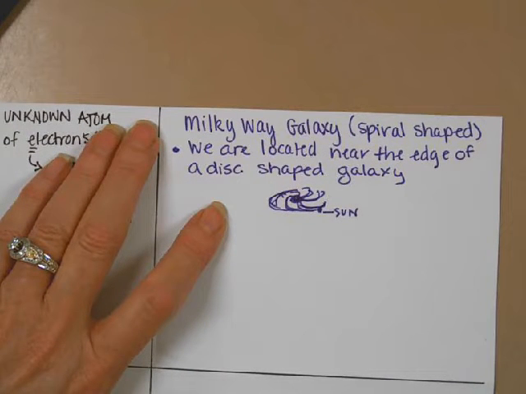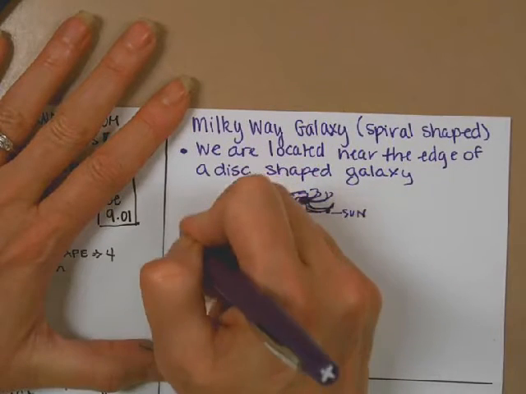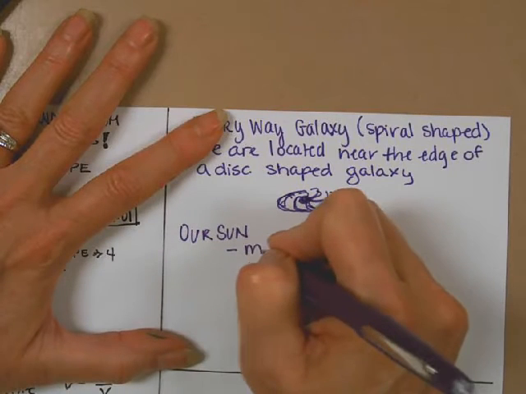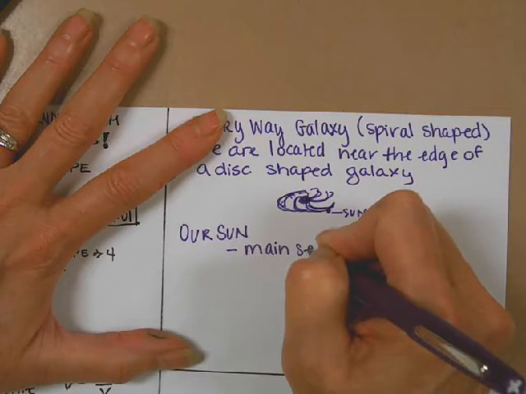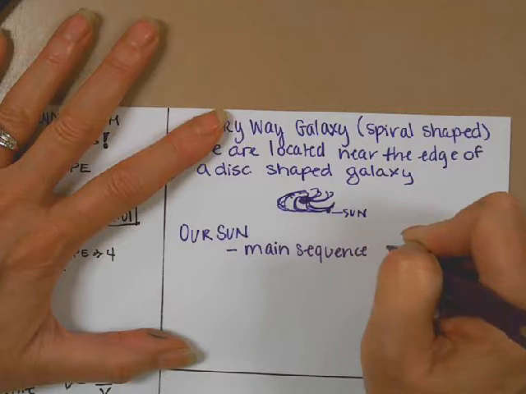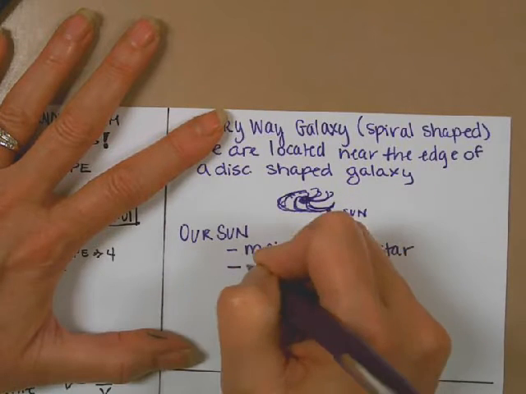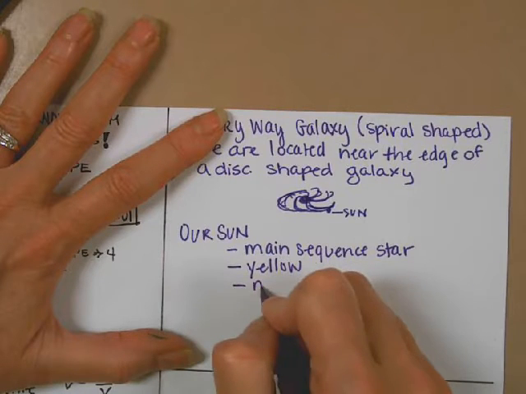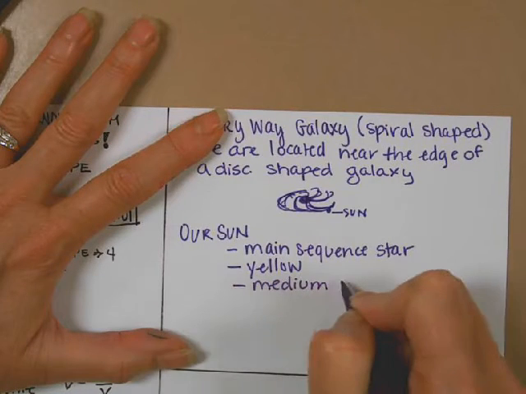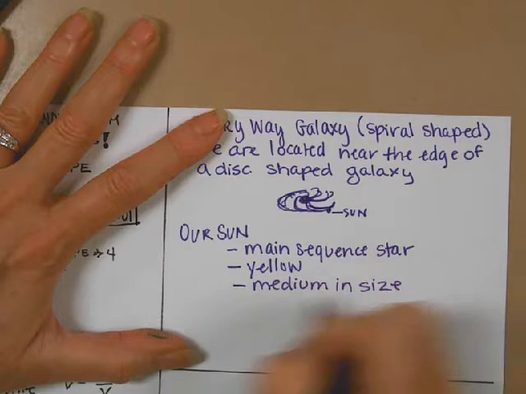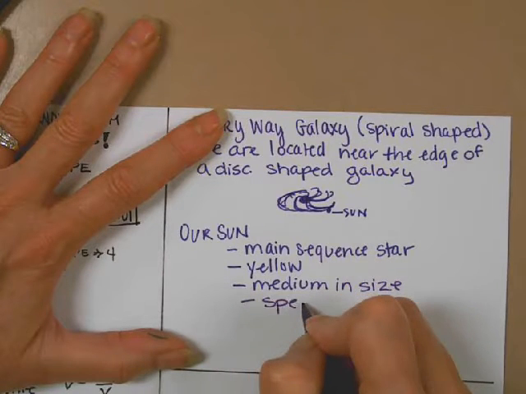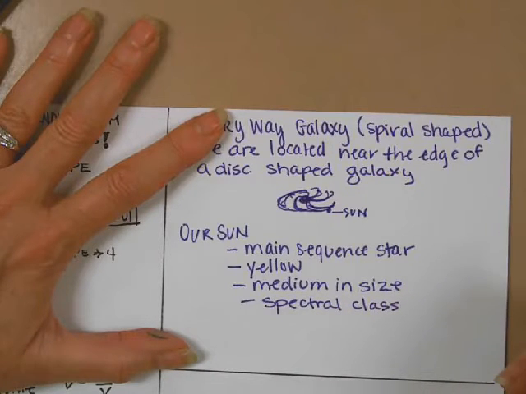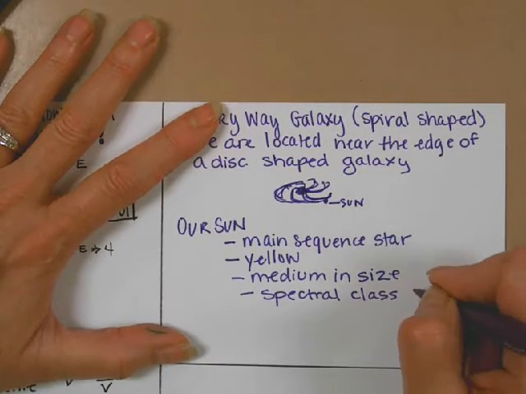The sun itself, if we think about our sun, it is a main sequence star, right? It's living. It is yellow in color. It is medium in size. And it's the one with the spectral class G. Remember those letters that correspond with color and temperature on the HR diagram? That's the spectral class.